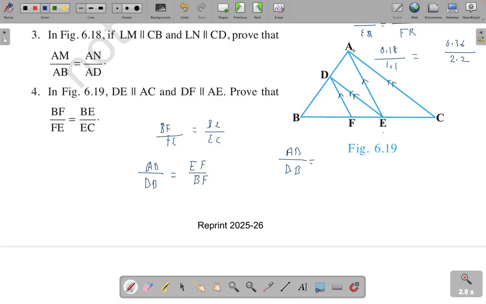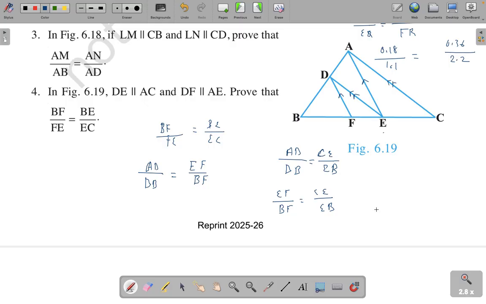So we have taken AD upon DB, so CE upon EB. CE upon EB. Right. So if you compare both these sides, AD and DB will get cancelled. So you'll get EF upon BF equals to CE upon EB.